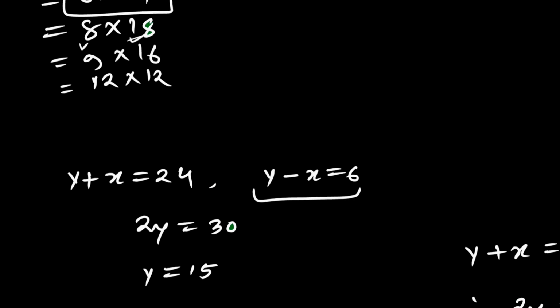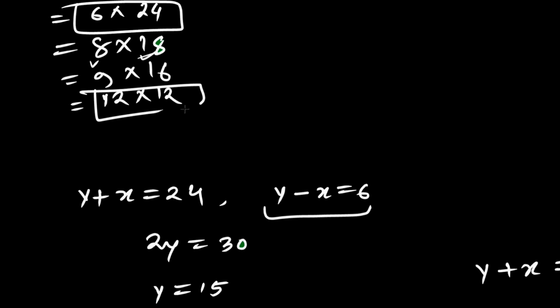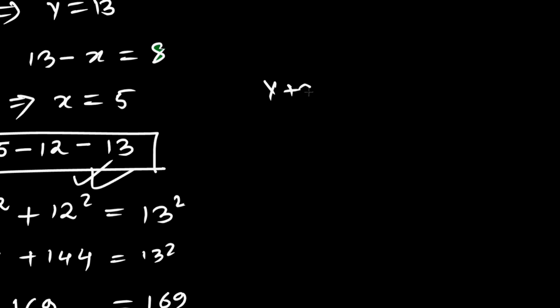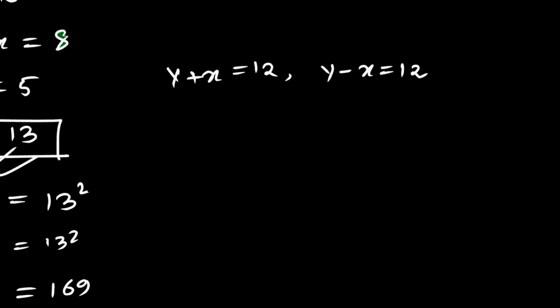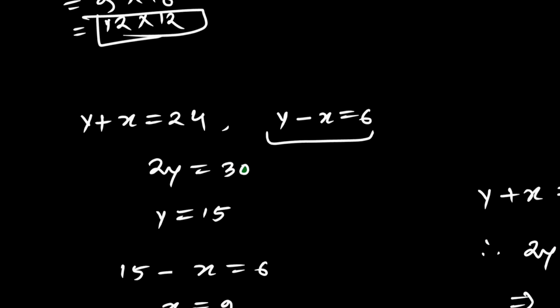Finally, let's look at the factor pair 12 and 12. If y plus x equals 12 and y minus x also equals 12, then subtracting the equations shows that x must equal 0. A triangle cannot have a side length of 0, so this case must be rejected.